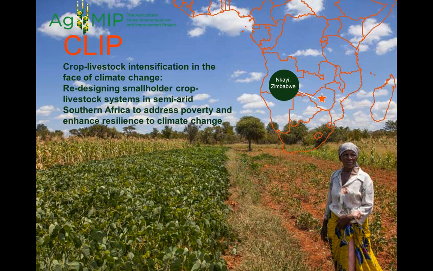Or we know that climate change will have an impact on water resources and therefore on livestock drinking points. But again, we have very little quantitative information on it, so it is still a lot of guesswork. And I think AgMIP can probably play an important role there in helping to fill those knowledge gaps.